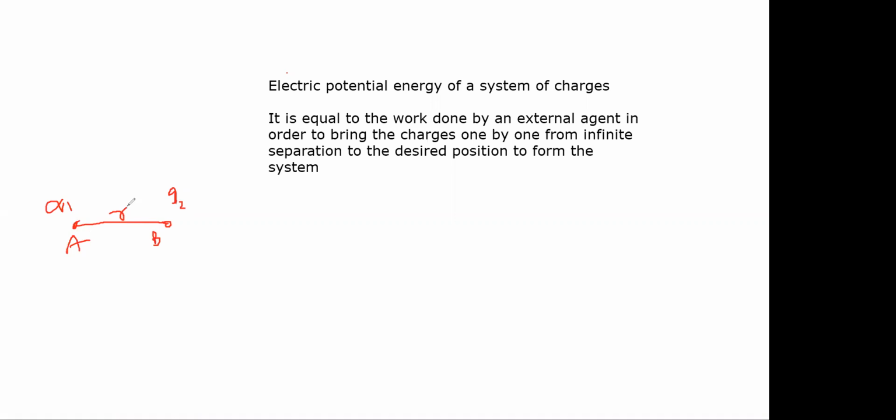Initially we will assume that only this charge was present. Q1 was present at point A and Q2 was not present; it was at an infinite distance.